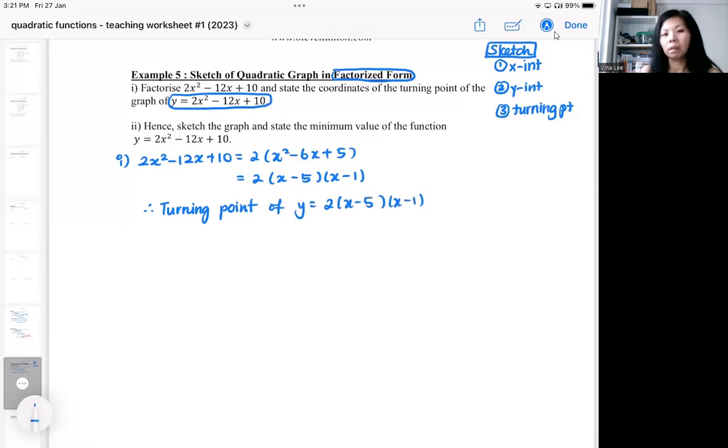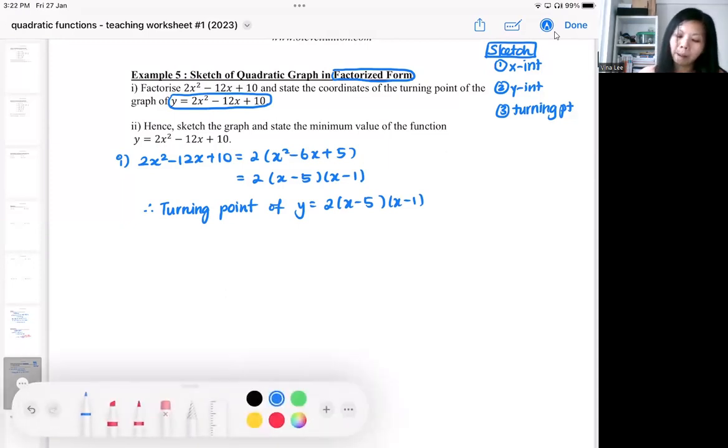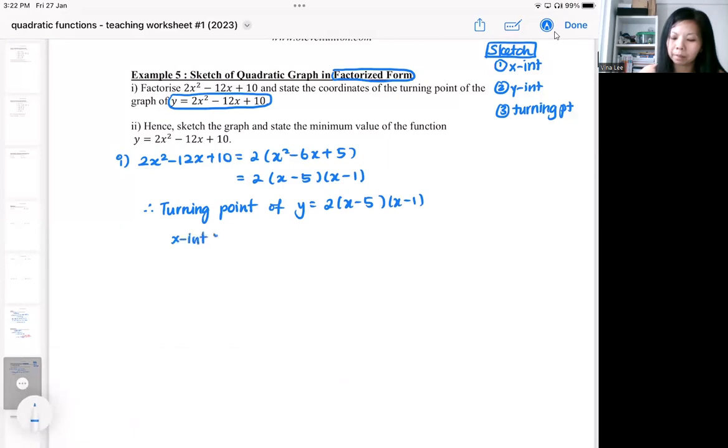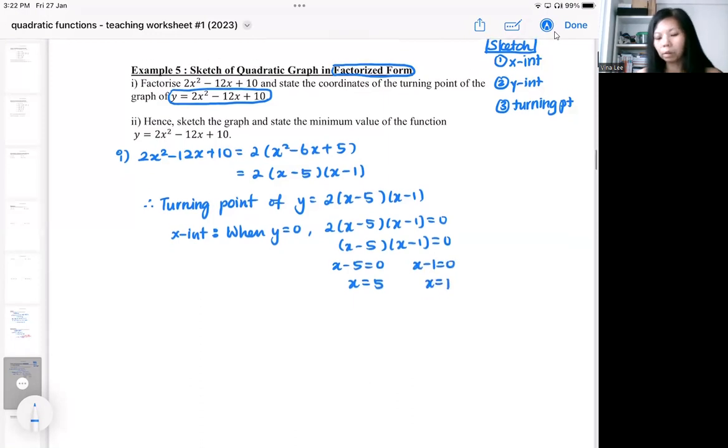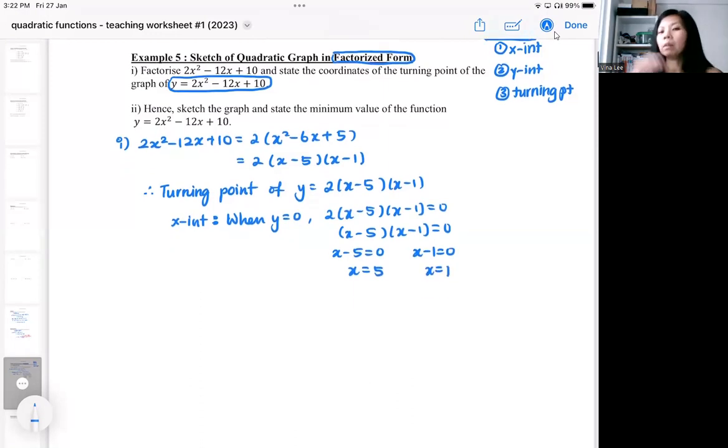For the factorized format, how am I going to find the turning point? I will find the turning point by doing the x-intercept first. So you set y equal to 0. You will have a factorized format equal to 0. If you divide by 2, 0 divided by 2 disappears, so you're left with two brackets equal to 0. These are the two x-intercepts. We are going to take the average of the x-intercepts to get the turning point.